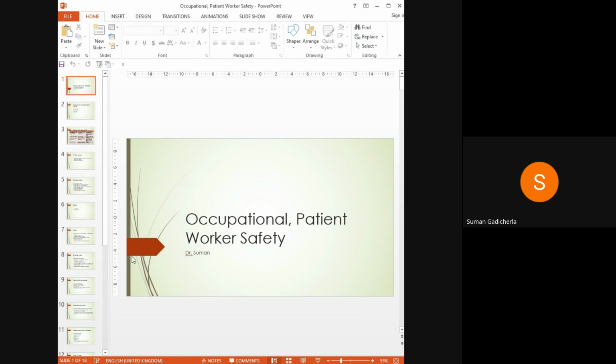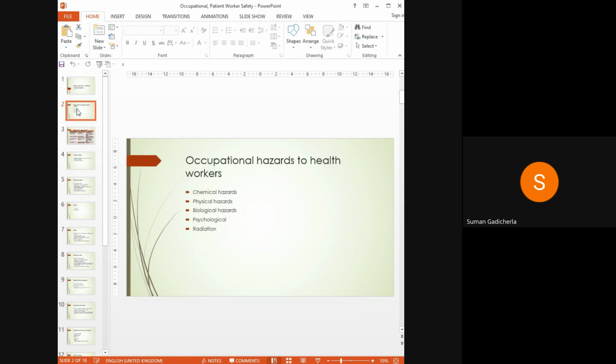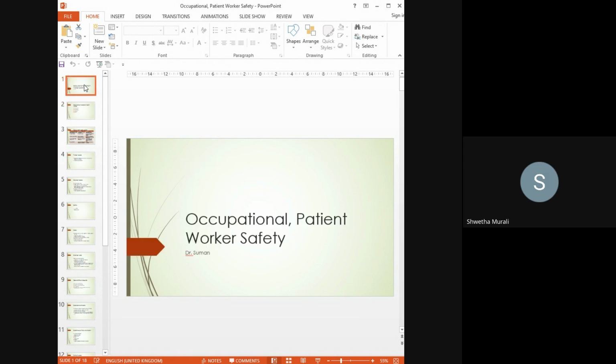Okay, needle stick injury. Then exposure to radioactive substances. Okay, then accidents, and then what else do we have?